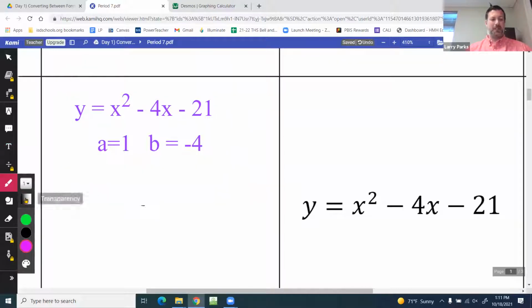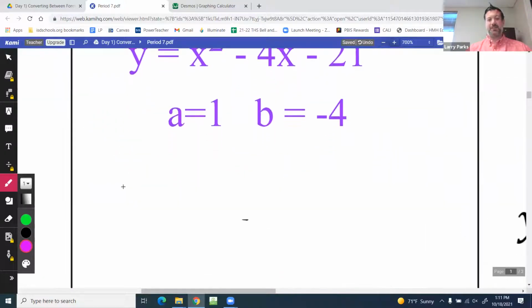But remember, the formula to find the vertex is x equals negative b over 2a.